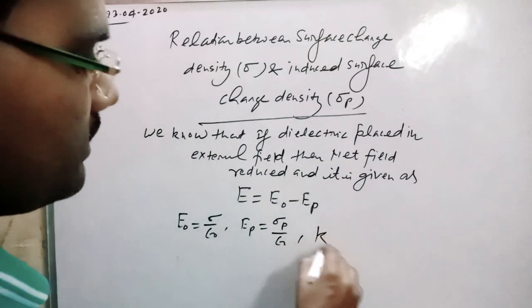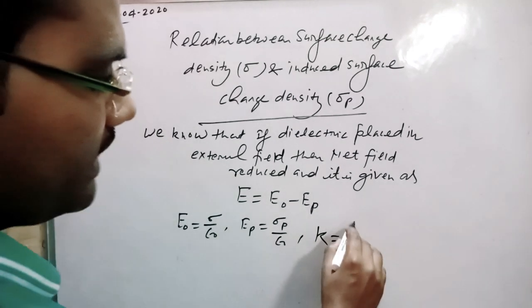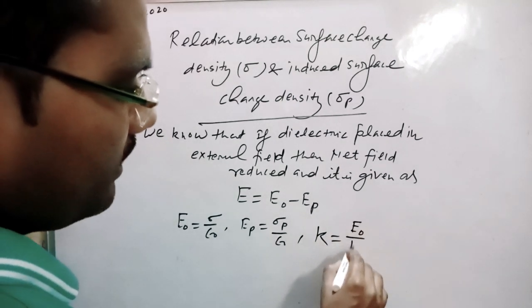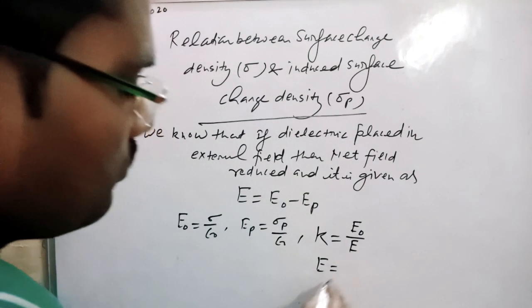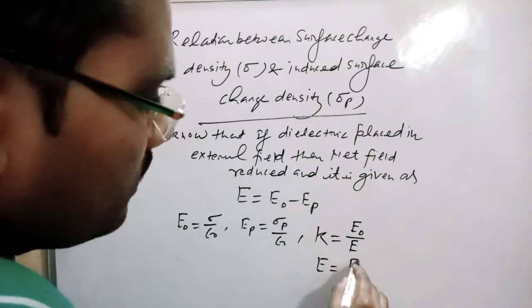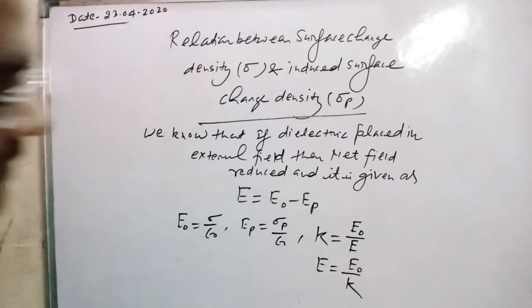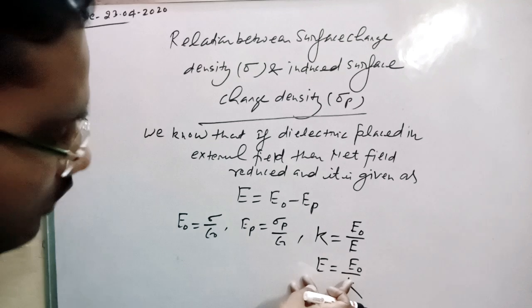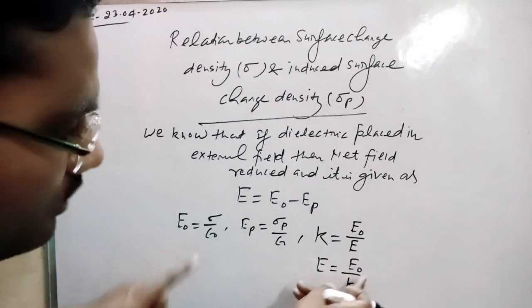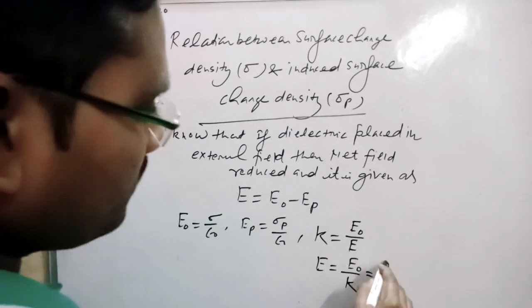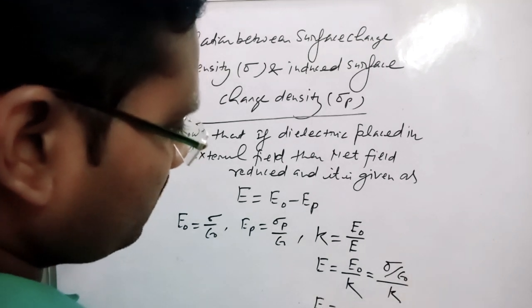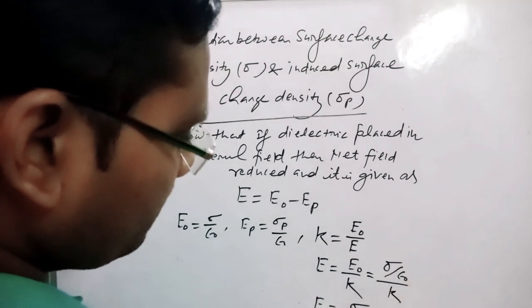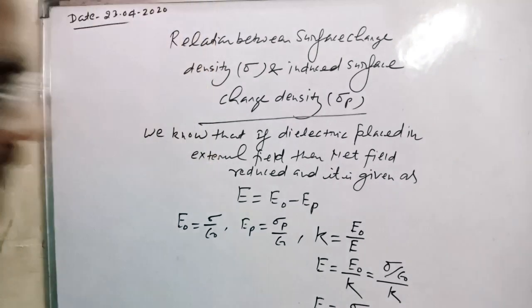But dielectric constant K is defined as E naught by E. Then here E is equal to E naught by K. Now substituting the value of E naught, we get sigma by epsilon naught K. That means E is equal to sigma divided by epsilon naught K.